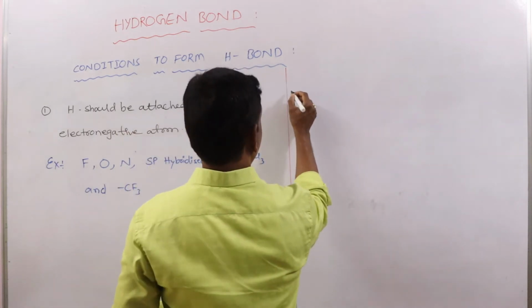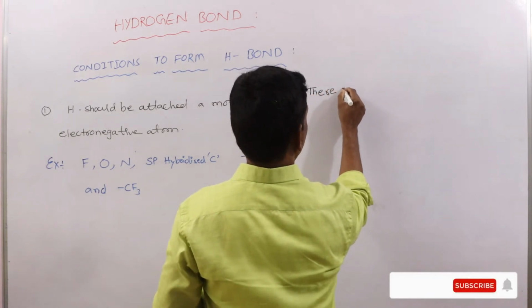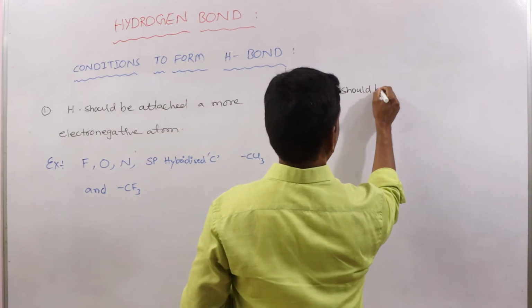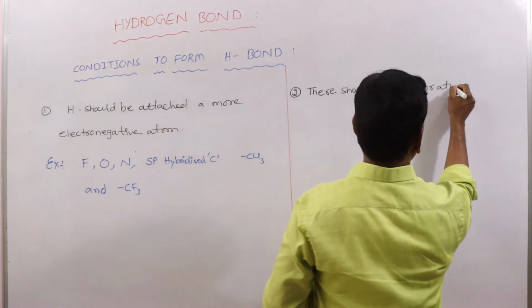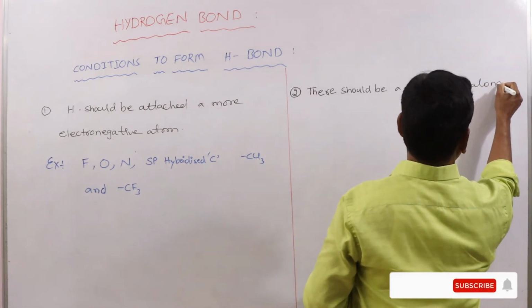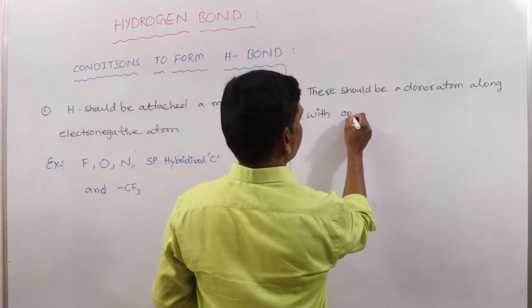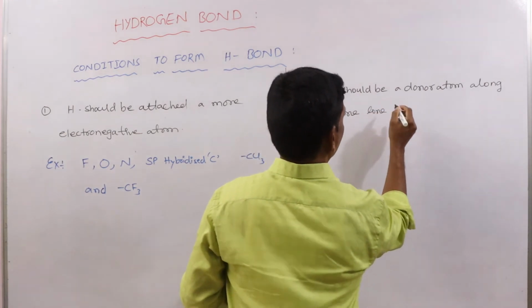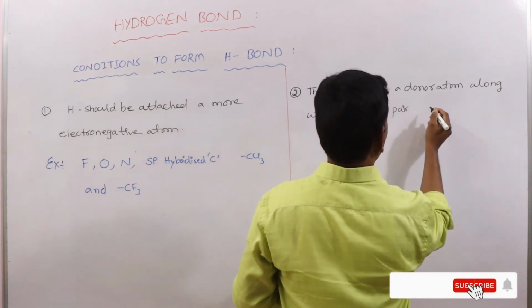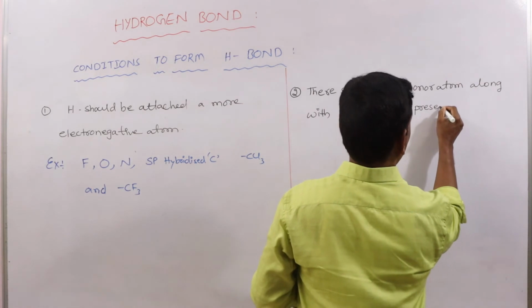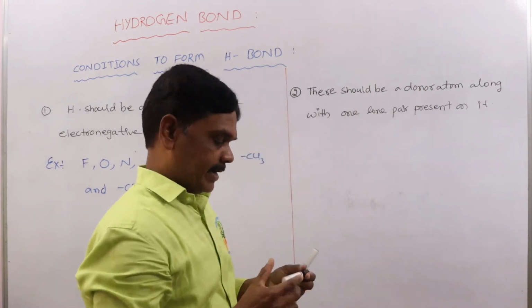Now the second condition. There should be a donor atom along with one lone pair present on it.